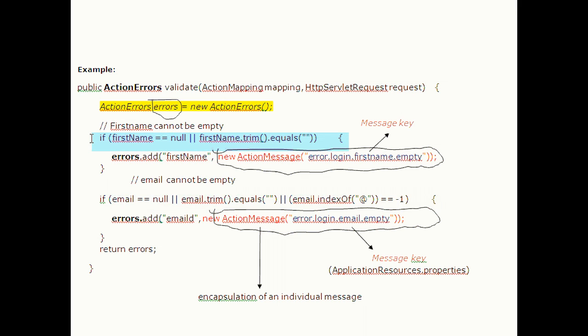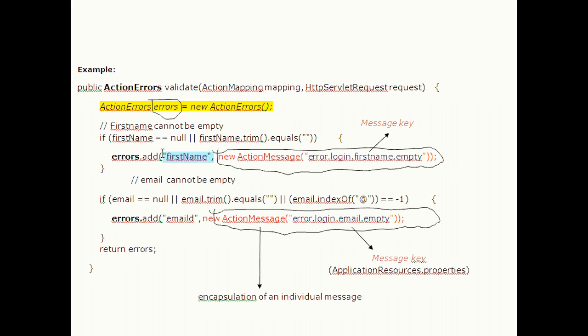Suppose the validation fails when you validate the first name property of your action form bean. Then the add method of the ActionErrors object will be called. That method accepts two objects.